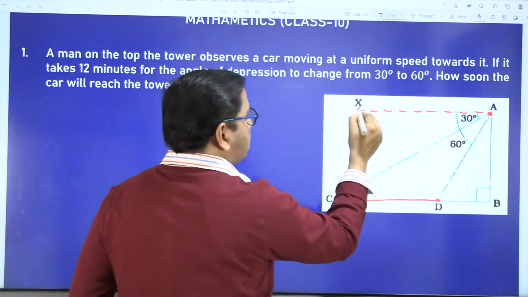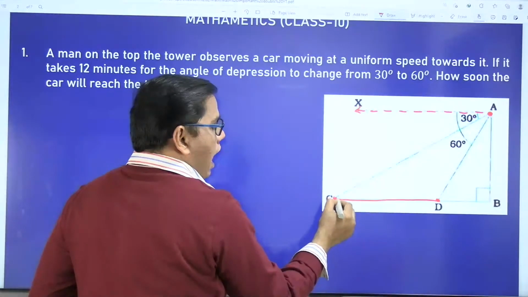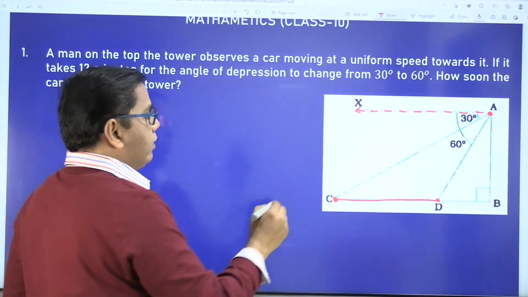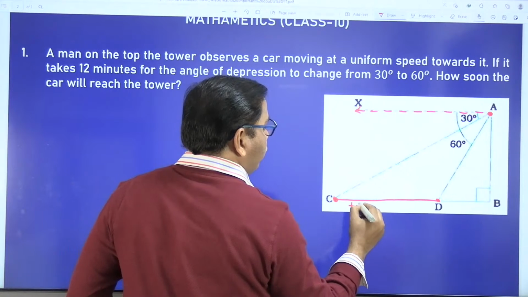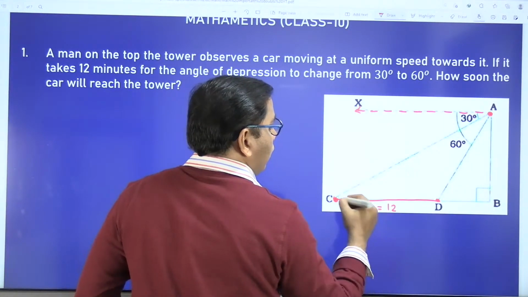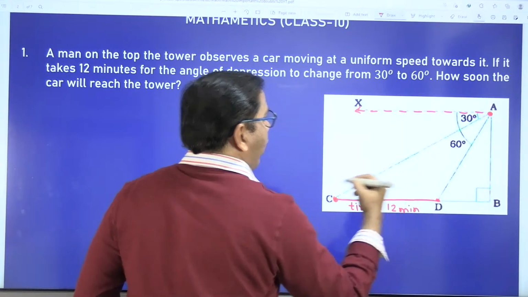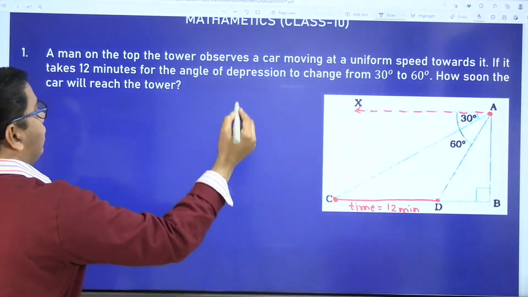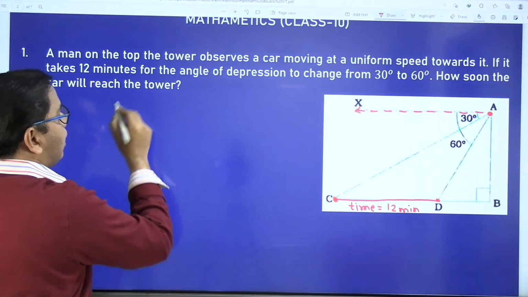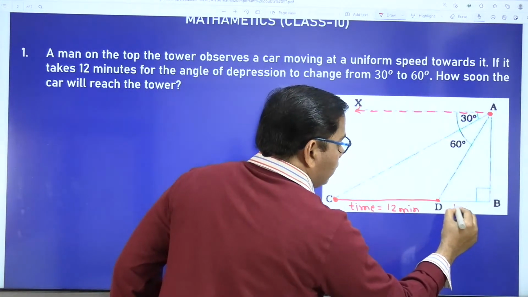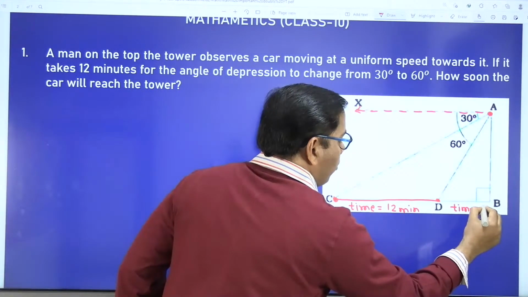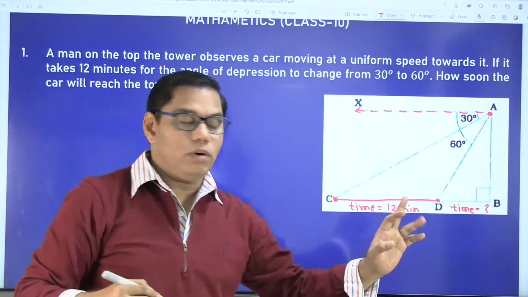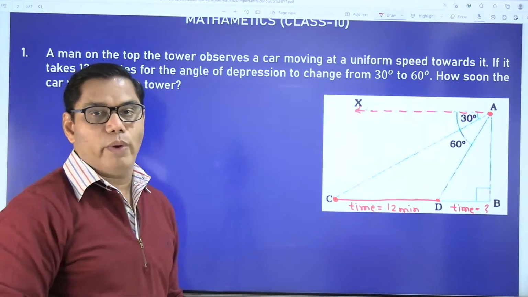When the car was at point C, the angle of depression was 30 degrees. The car takes 12 minutes to come from C to D, and the angle changes from 30 to 60 degrees. How much time will the car take to reach from point D to the base of the tower, that is, from point D to point B? So this is the question.